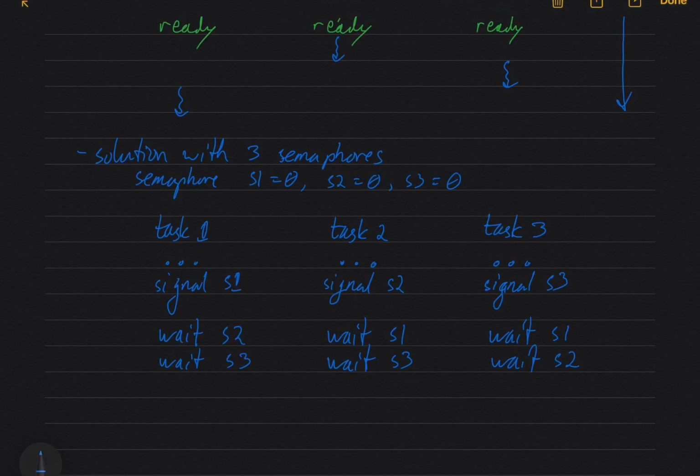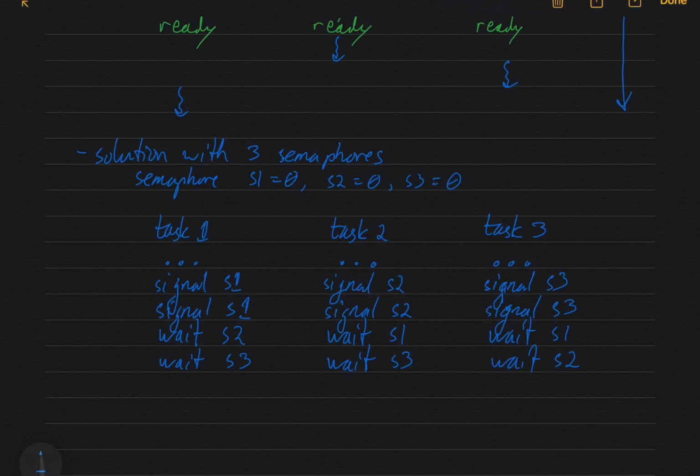So the problem here is we're only incrementing the signal once, up to 1, but then if you just count across, S1 gets decremented twice here by 2 waits, and the same goes for S2 and S3. So the solution is to signal each one a second time. So task 1 signals S1 twice, task 2 will signal S2 twice, and task 3 will signal S3 twice.